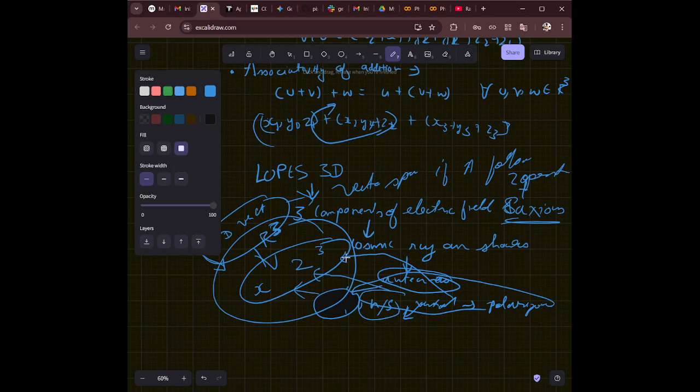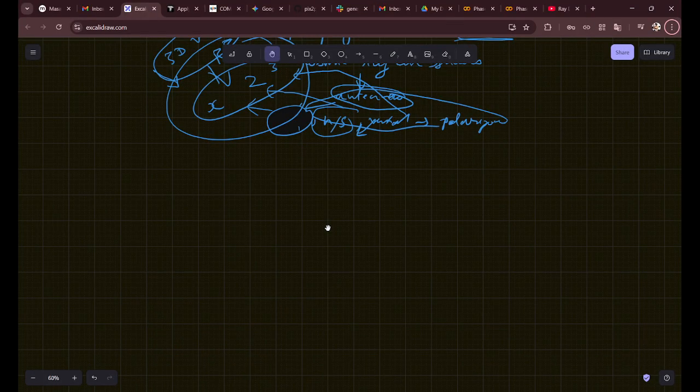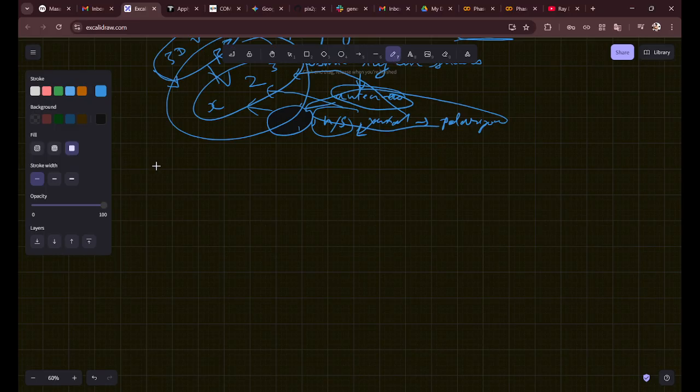Now we will move to what subspaces are. Let us try to draw a simple mental model or maybe a graph. Let us say you have a collected set of vectors.